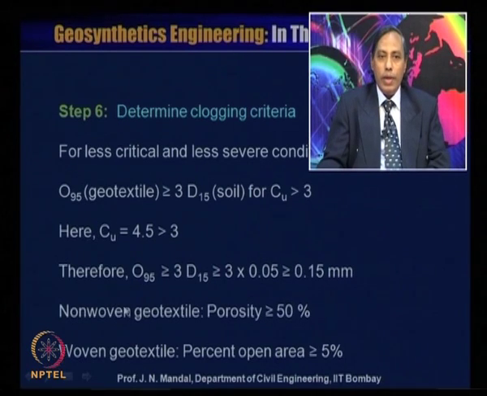Therefore, O95 should be greater than or equal to 3 into D15, that is 3 into 0.05, which is 0.15 millimeter. And non-open geotextile porosity should be greater than or equal to 50%, open geotextile percent open area should be greater than or equal to 5%.